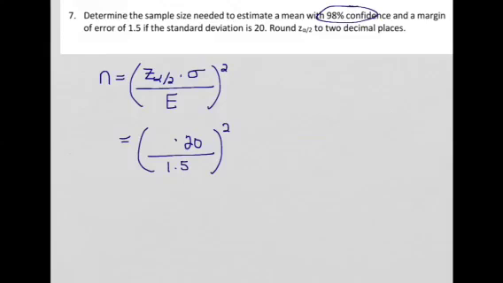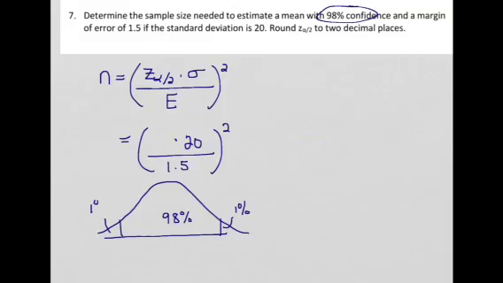And here we have 98% confidence. So if there's 98% in the center, that means 1% in each tail. And so we're going to find inverse norm of 0.01, and that is negative 2.33.